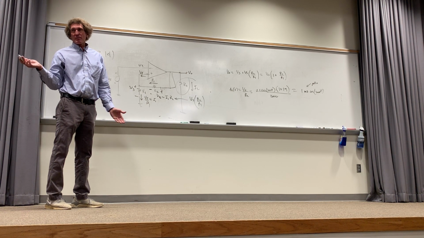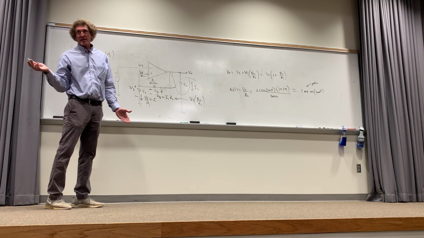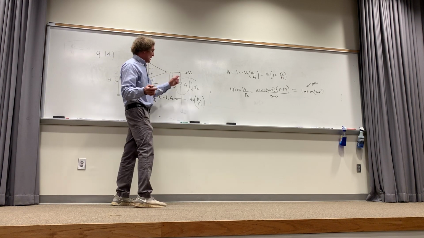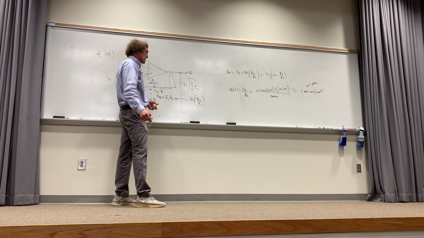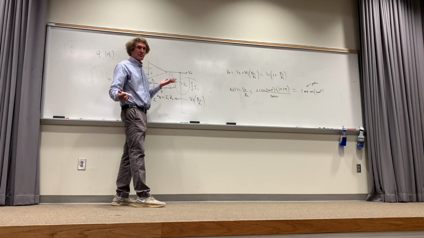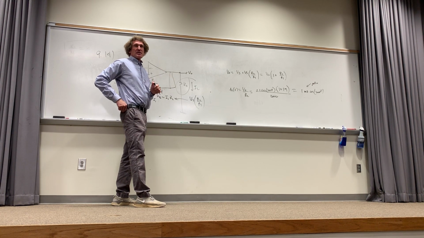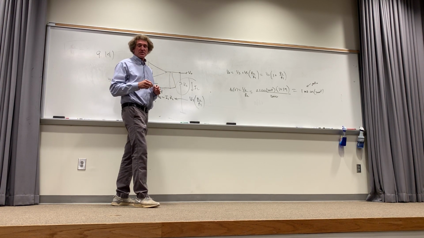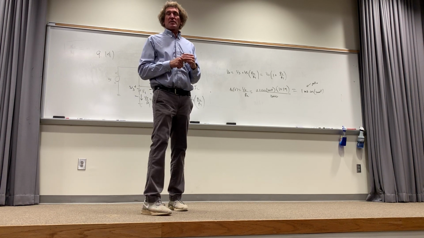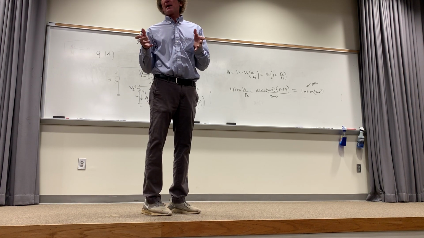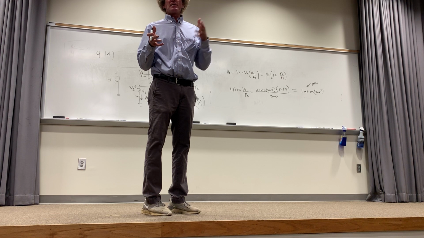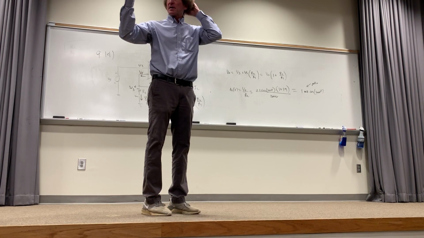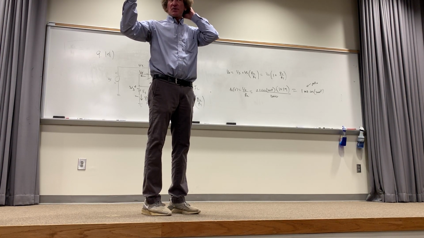This is a problem that makes you start thinking about secondary effects. Like how much current goes to load, then how much is shunted this way, what's the total output current from your op amps? It's making you, because there's going to be some limitations on operational amplifiers. I don't work with these all the time, but when you buy an op amp, it'll have a frequency rating that we'll get into later. It'll show you the amplification versus frequency, and it starts falling off.